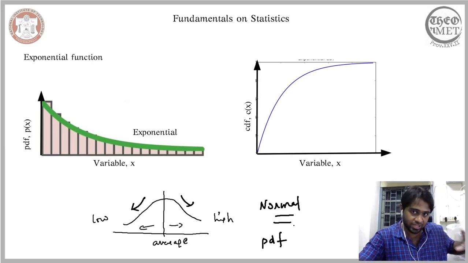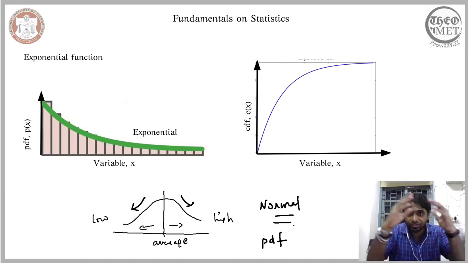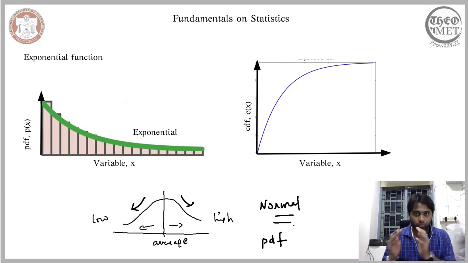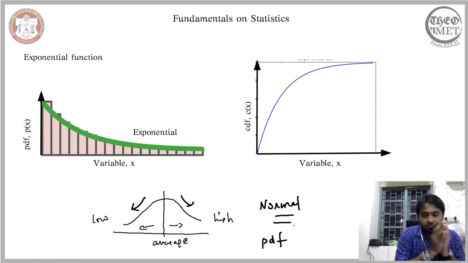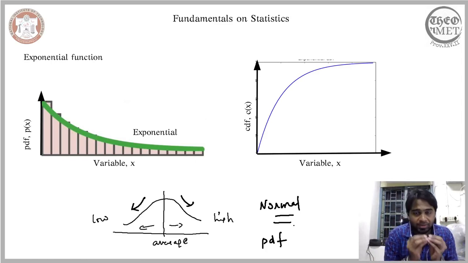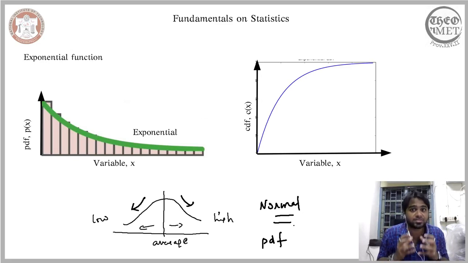So there is a specific expression that allows us to describe the trend in the normal distribution, and that helps us describe the probability density function.